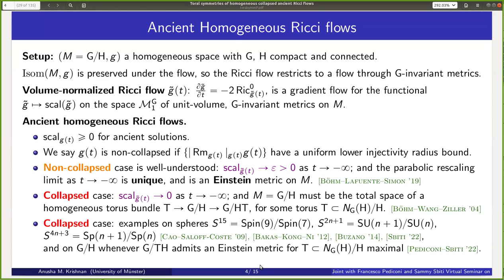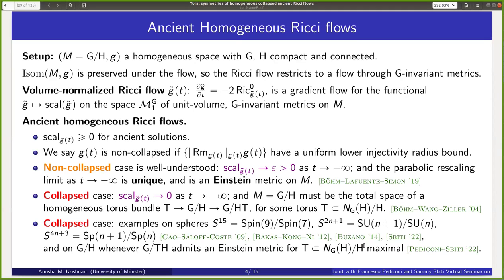It shows that you always have an ancient collapsed homogeneous Ricci flow on G/H whenever you have G/TH admitting an Einstein metric for some maximal torus inside the normalizer of H mod H.